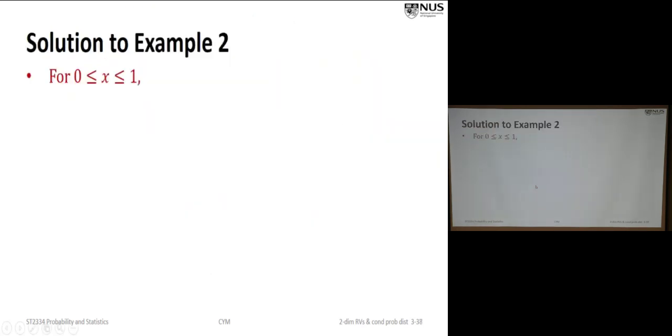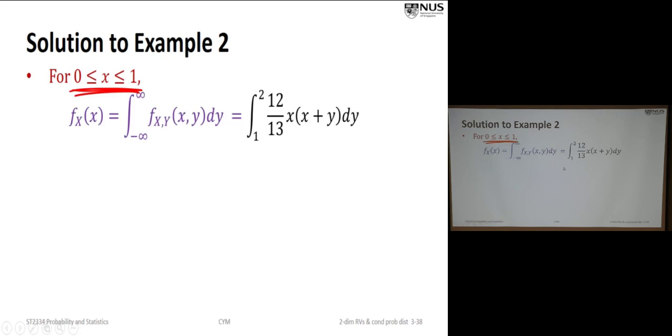You can see that I state clearly that this is only valid when x is between 0 and 1. Then I do the integration, breaking it into a sum of 3: from minus infinity to 1, 1 to 2, and then 2 to infinity. Why do I break it into 3 regions? Because over these 3 regions, the form of the joint PDF is not the same. The first one and the last one are the same, both are 0. So we only keep the middle one, 1 to 2.